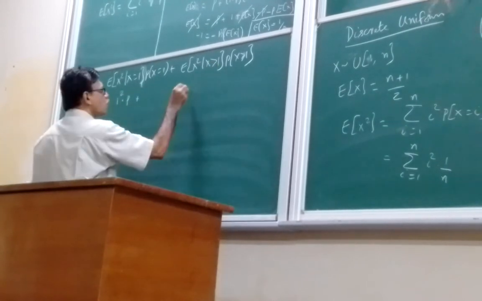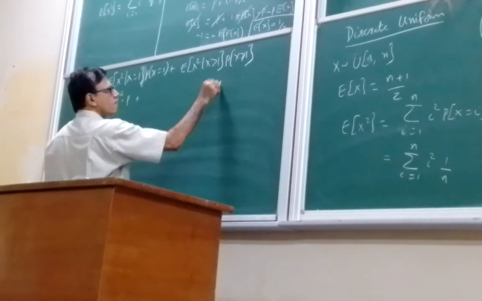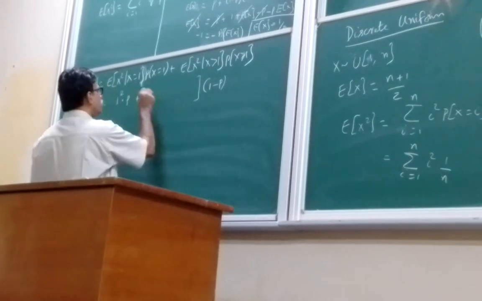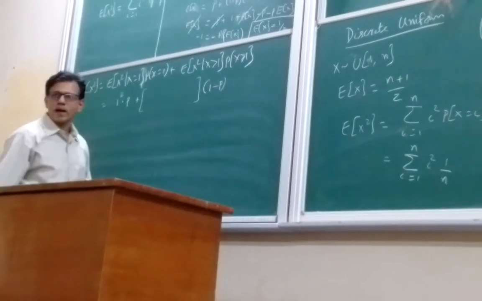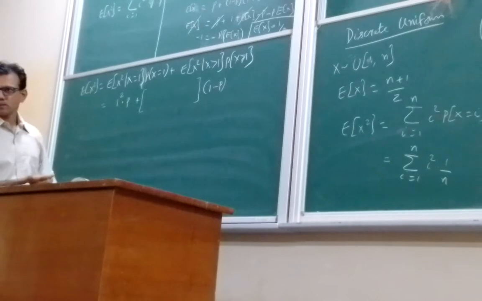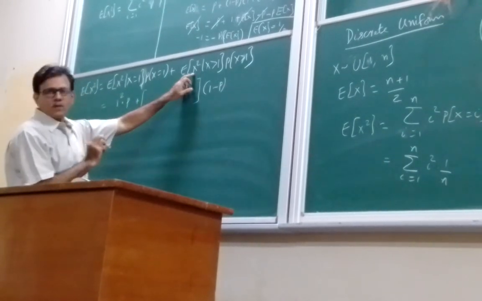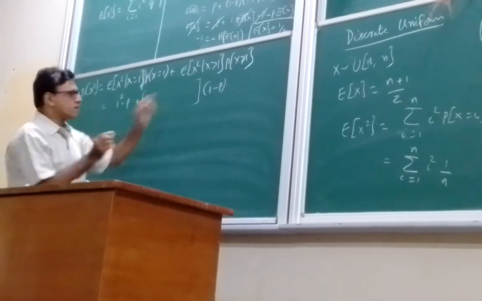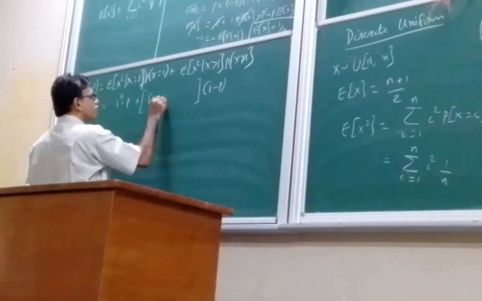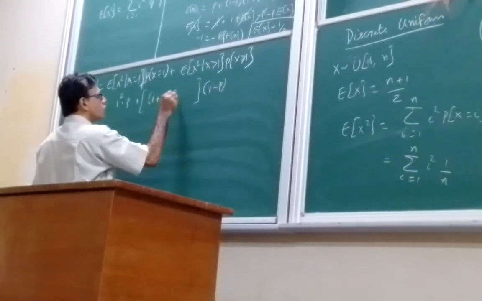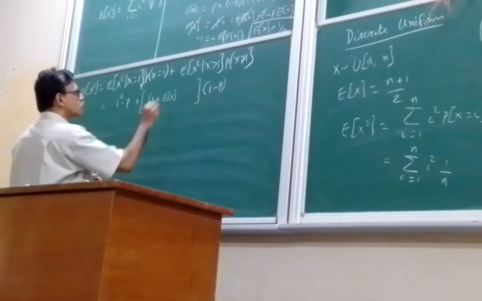Plus this is always 1 minus p into this quantity, E of x squared given x greater than 1. That is, now x will be 1 plus x, the whole square.